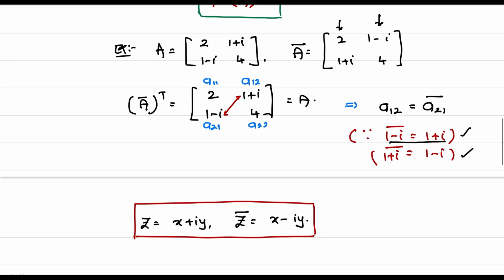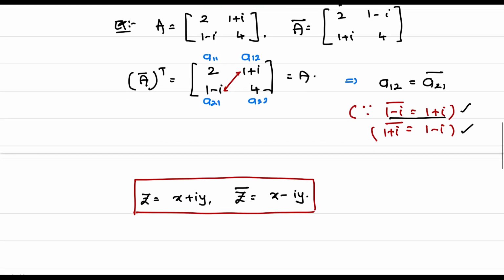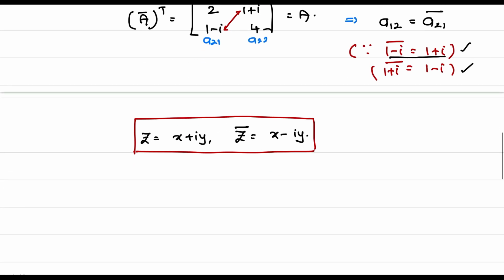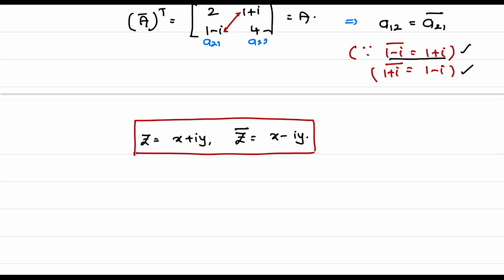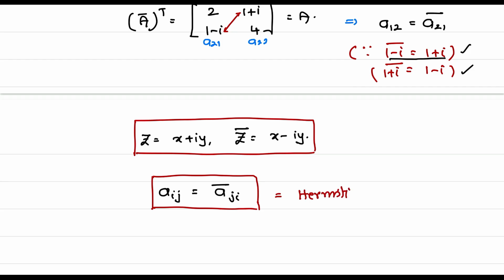Now, what is the property we can write? The property of a Hermitian matrix is Aij is equal to conjugate of Aji. Please remember this. This represents a Hermitian matrix.